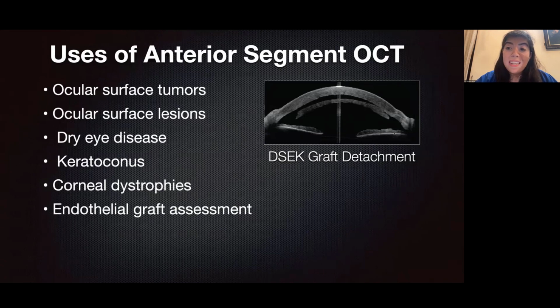However, OCT of the anterior segment has shown great promise in identifying various other diseases such as dry eyes, keratoconus, corneal dystrophies, endothelial graft assessments intraoperatively as well as postoperatively. And here's a beautiful example of an anterior segment OCT where you can see a DSEK graft that is detached in the postoperative period.